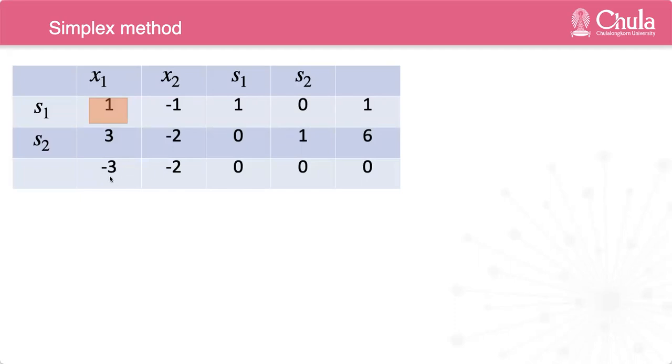The most negative coefficient, this column, X1. So B over A is 1, B over A is 2. Then here, we introduce X1 next round. We remove S1 next round. So this column must be 1, 0, 0.